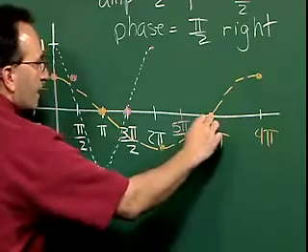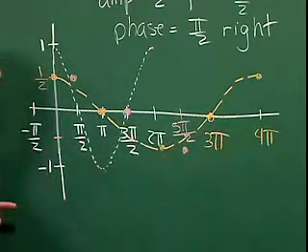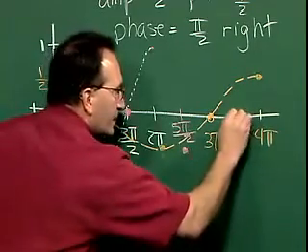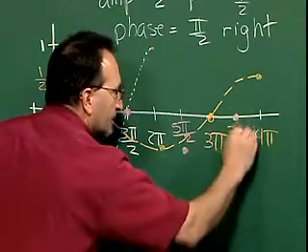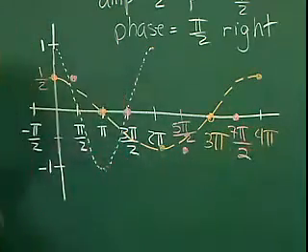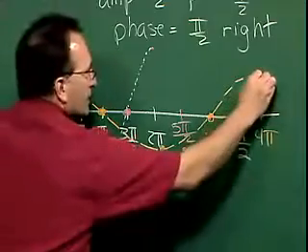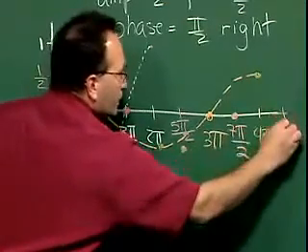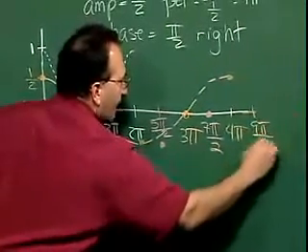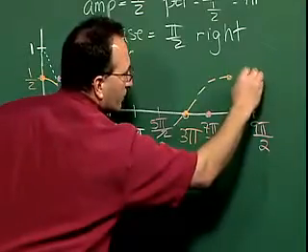This point here is, again, going to go halfway. So it's going to be an intercept at 7 pi over 2. And this point would shift over pi over 2, or in other words, to 9 pi over 2.